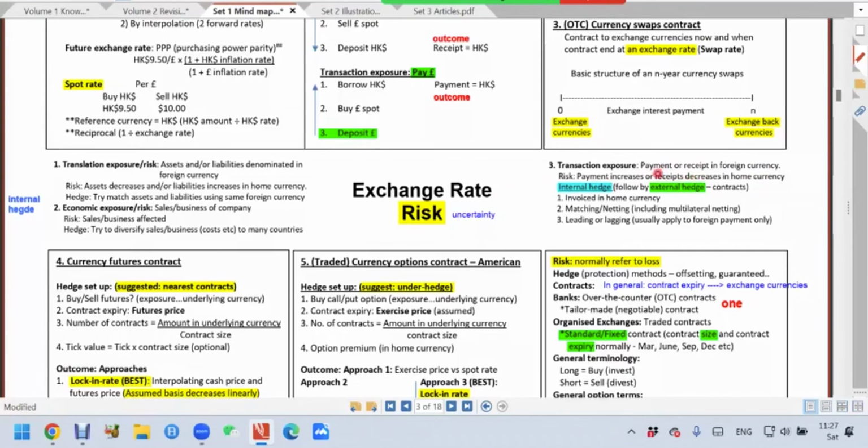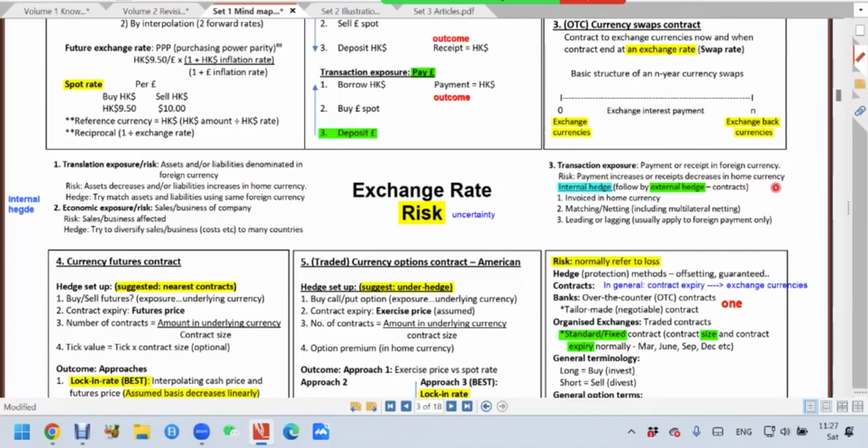So for transaction exposure, we're talking about import transactions and export transactions, and it has to be in foreign currency. So the risk will be that your payment will go up or your receipt will go down in your home currency.